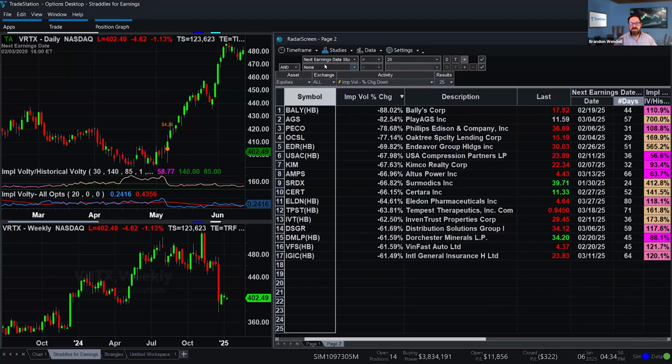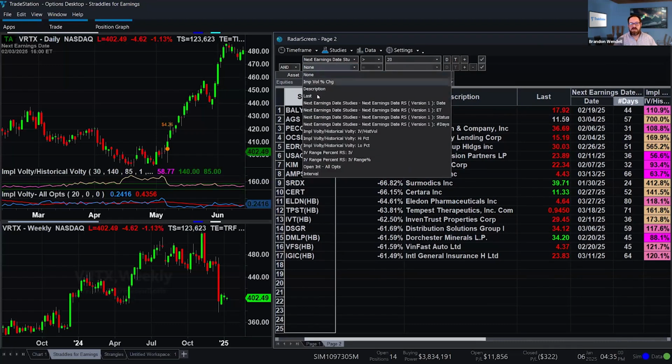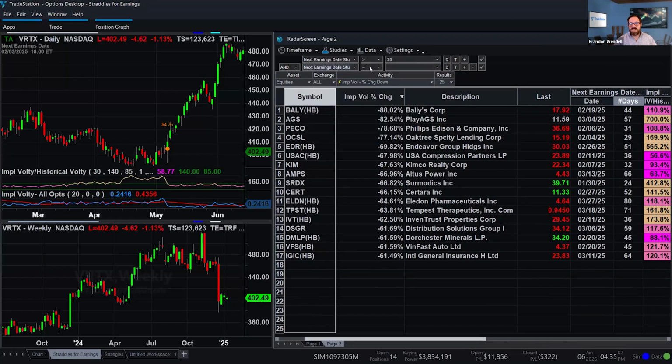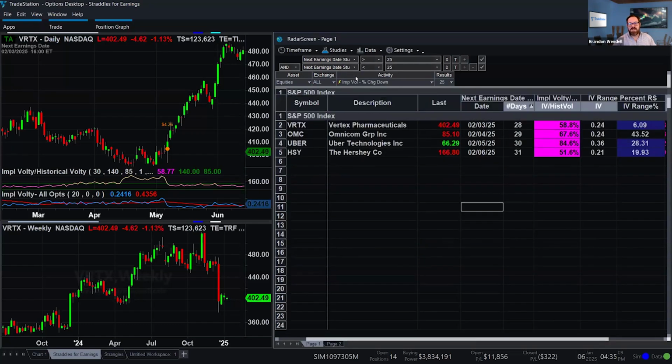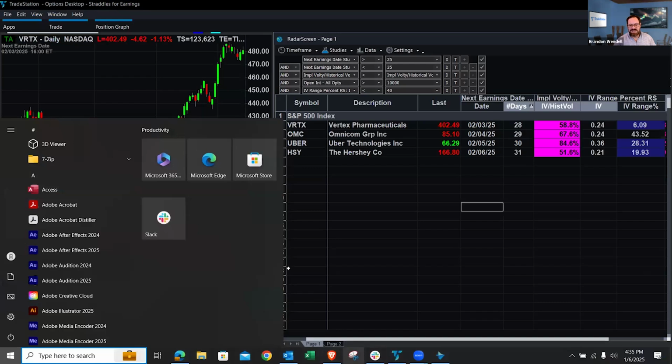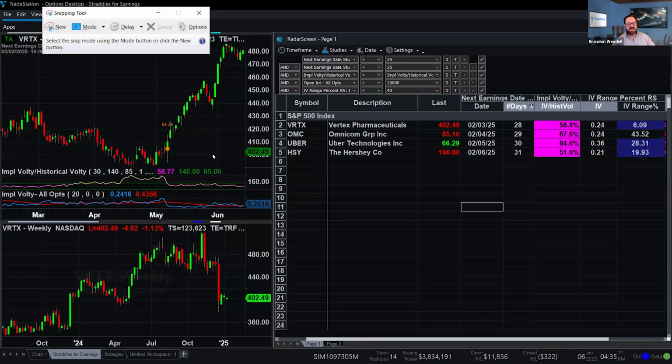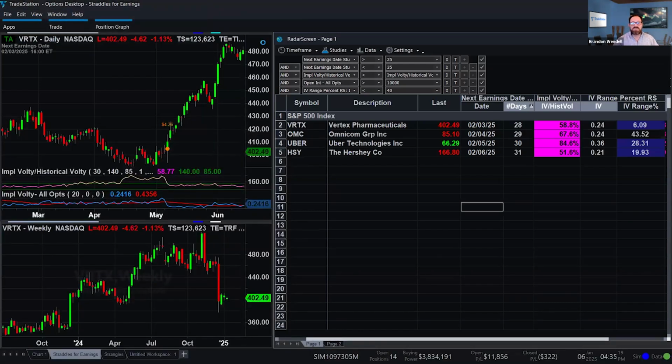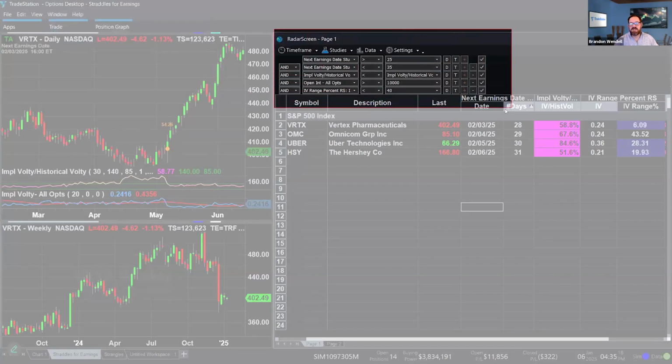Add in earnings date, number of days. You basically can go back to the previous screen and just copy this. One of the easiest things to do, because if you add in lists, unfortunately, you have to keep redoing the filter on each page. But it's not that hard. I just do it like this.